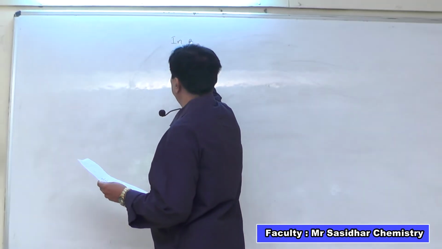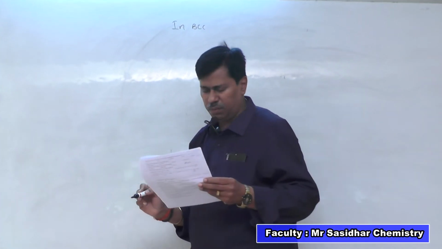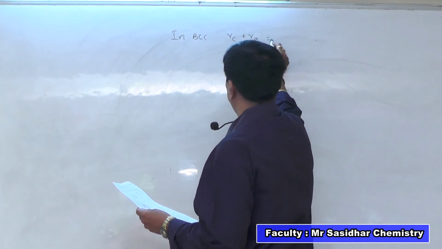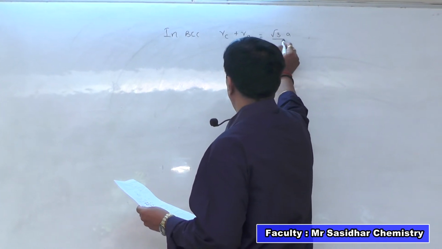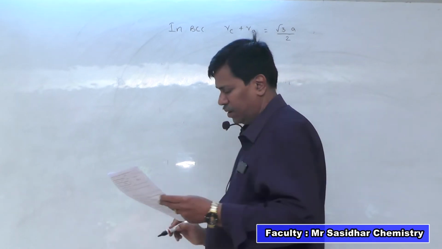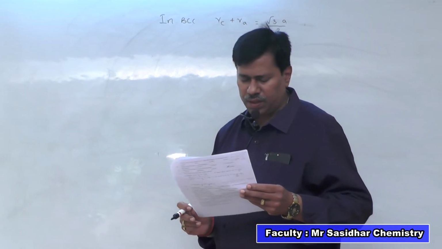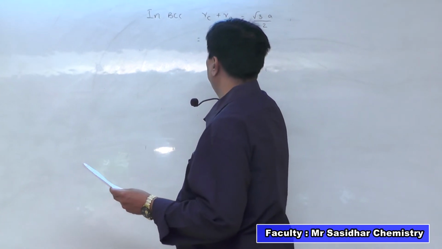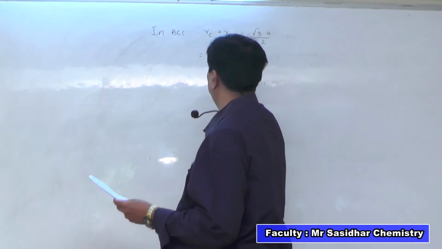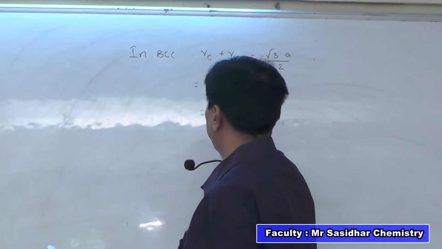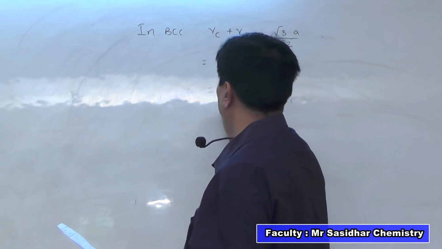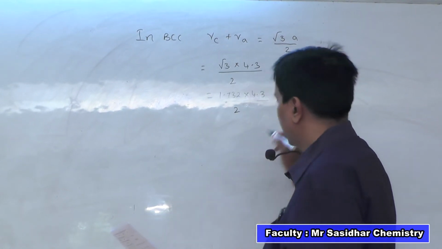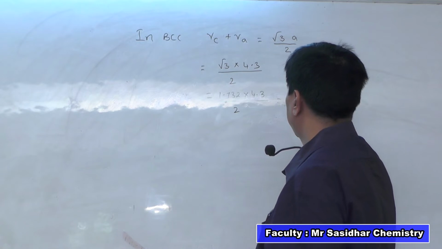So in BCC, rc plus ra will be equal to root 3 a by 2. So given the edge length 4.3 angstrom, therefore root 3 into 4.3 by 2, that is 1.732 into 4.3 by 2. So this comes to be 3.72 angstrom.